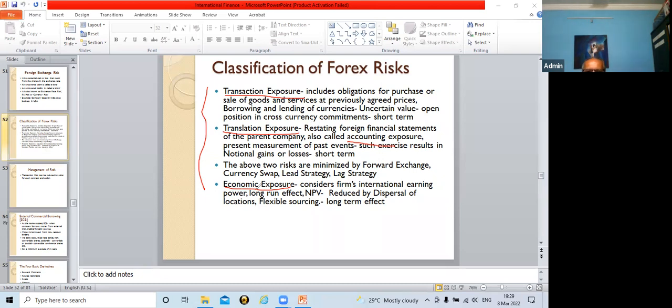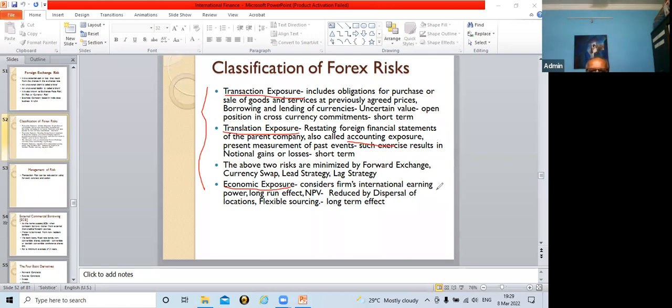थर्ड वन इज इकॉनॉमिक एक्सपोजर. नाउ व्हॉट इज द इकॉनॉमिक एक्सपोजर? It considers the firm's international earning power, की आपल्या कंपनीचं इंटरनॅशनल अर्निंग पॉवर ही कशा कशावर आहे. So it depends upon the political stability, then economic stability of that country, population of that country.